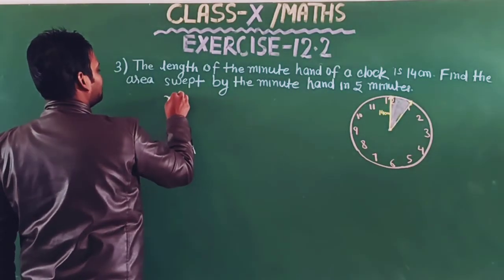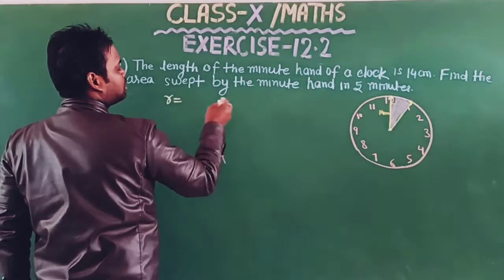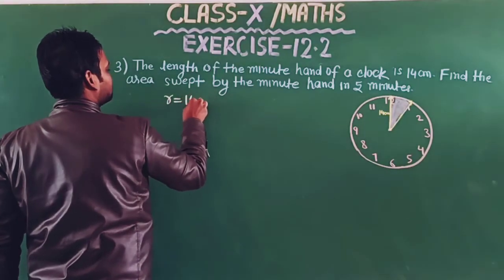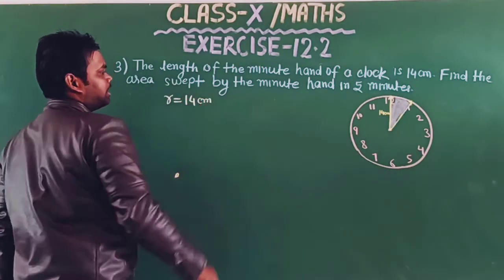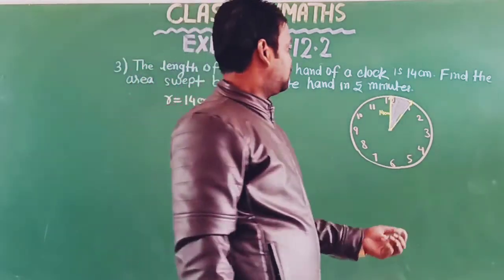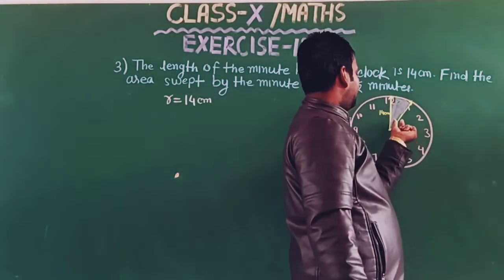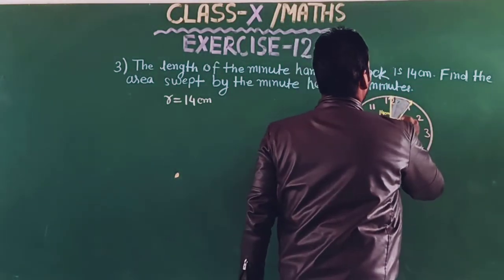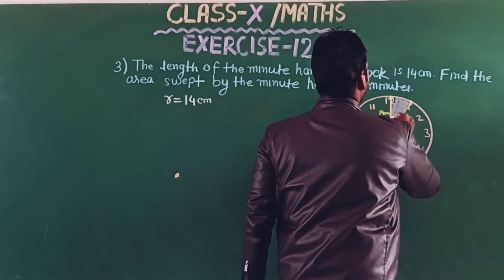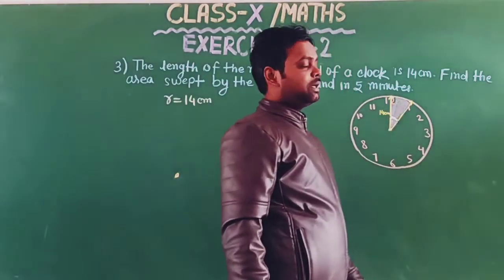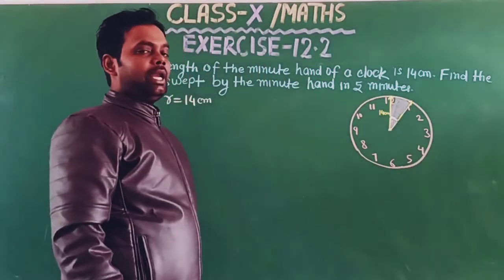Radius of the circle is equal to 40 centimeter. And also here theta is required. What is the angle made by the minute hand in 5 minutes?